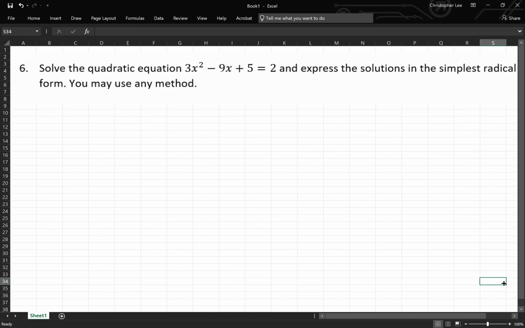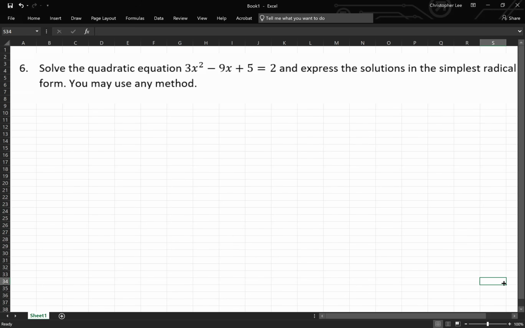Completing the square. Quadratic formula works too, though. It's just that that's something extra. You don't got to memorize it. It's right there on the formula sheet.